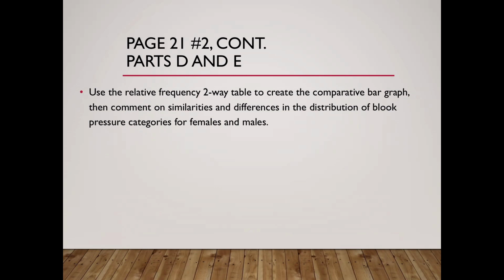The only thing I would say is make sure that male and female are separated, comparing male versus female on the blood pressure. So on the x-axis, let's say it's normal. Can one bar be representing female and then one bar next to it be the male? Yes, and then the next is elevated. Yeah, that's preferred.